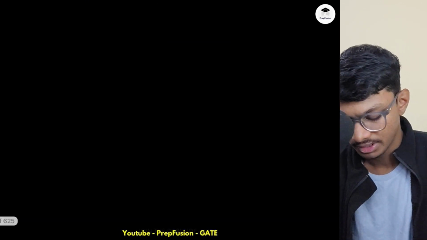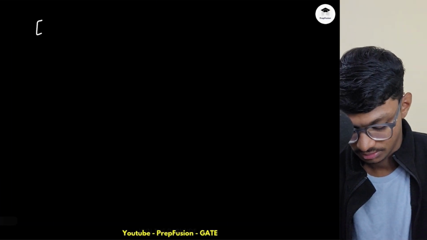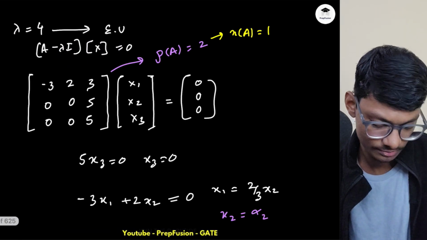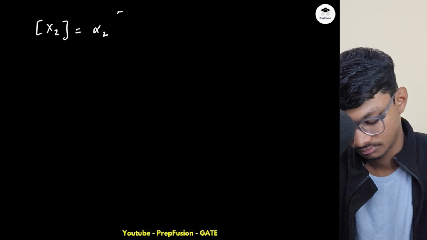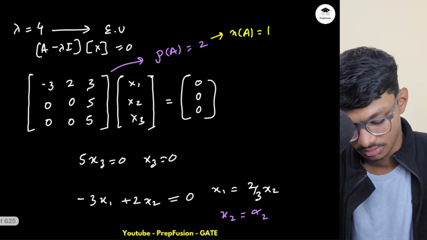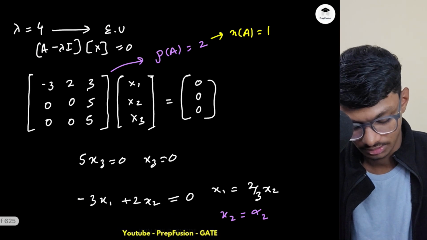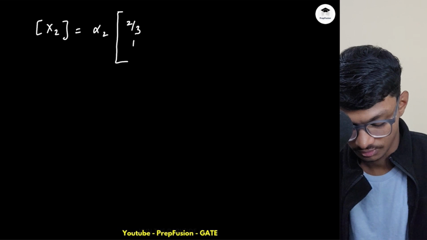So what will be my eigenvector? It will be alpha 2 times (2 by 3, 1, 0).